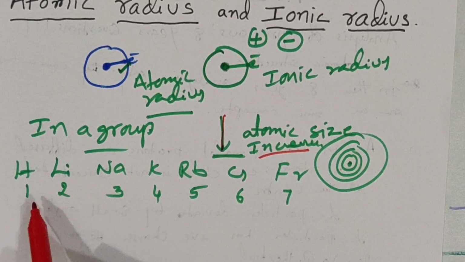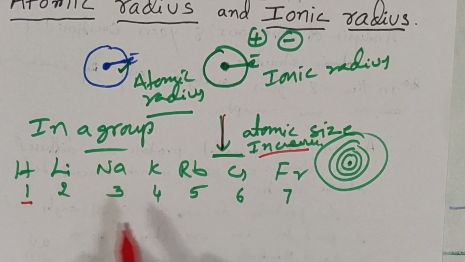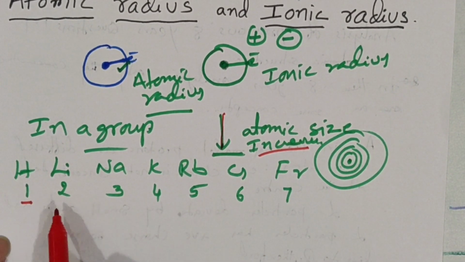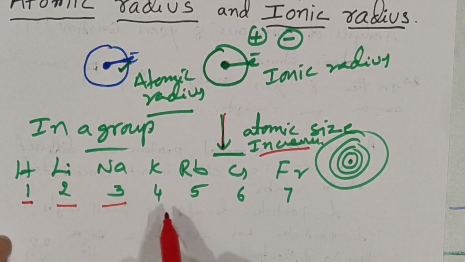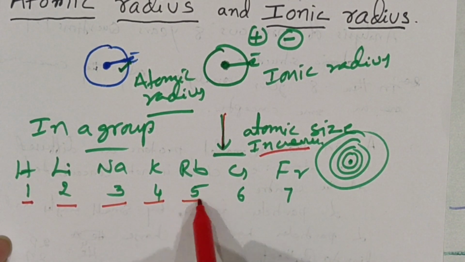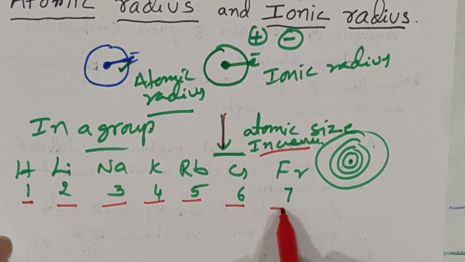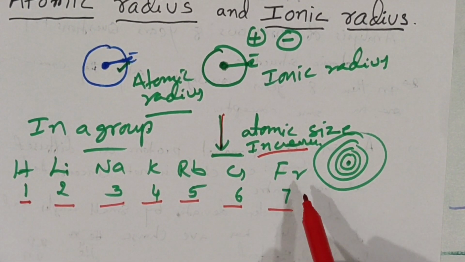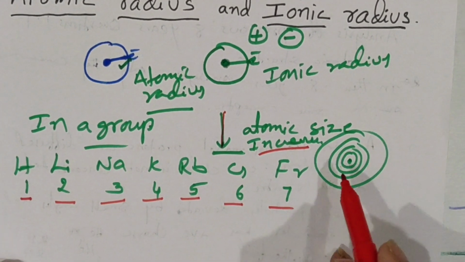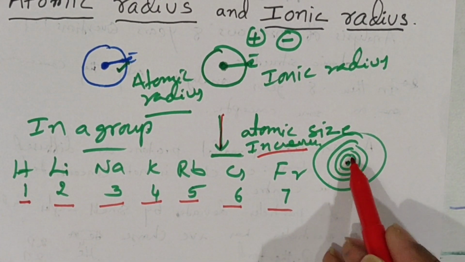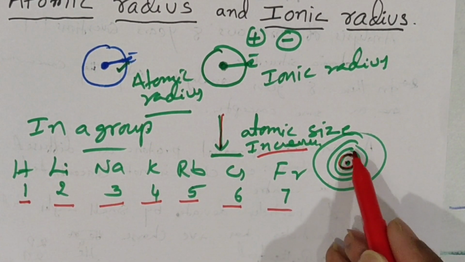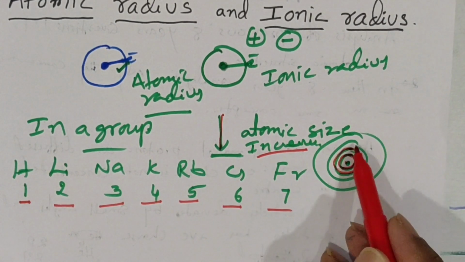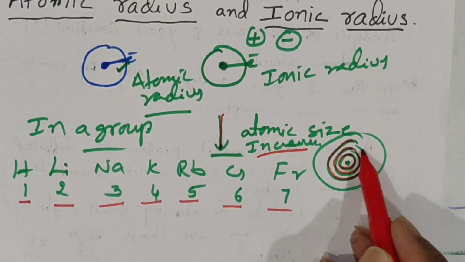Hydrogen has only one shell, lithium 2, sodium 3, potassium 4, rubidium 5, cesium 6, francium 7. Seven orbits are present in francium. That's why with the increase in number of orbits, the size of the atom also increases.